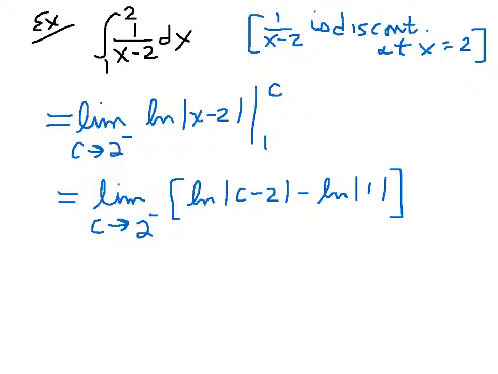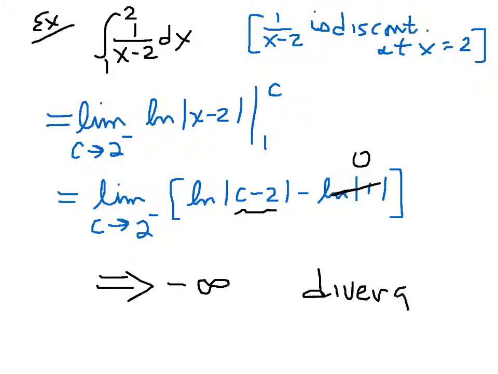And once again, it pops up. We got the ln of 1, and we know that that's 0. And so this is just equal to the ln of c minus 2 as c approaches 2 from the left, which means this thing is approaching 0. And so this is going to be approaching negative infinity, which means that our original improper integral diverges. Alrighty?